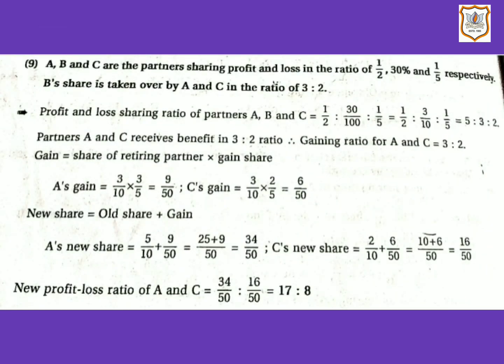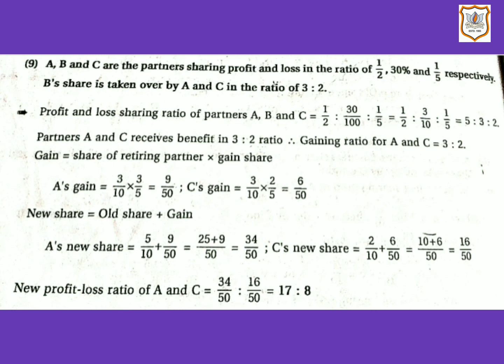Now let us do question number 9. A, B and C are the partners sharing profit and loss in the ratio of 1/2, 30% and 1/5 respectively. B's share is taken over by A and C in the ratio of 3:2.